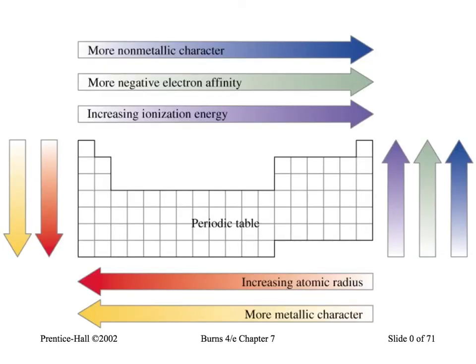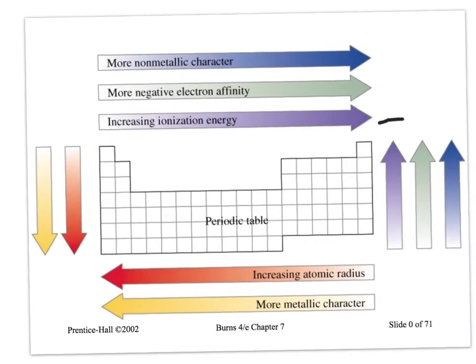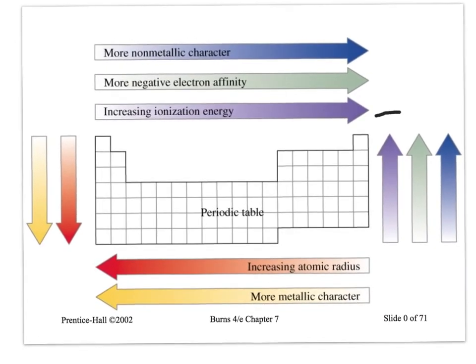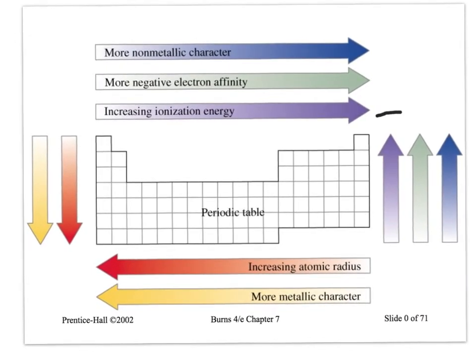Let's see how it works. As you can see here, these red arrows are telling us that the bigger atomic radius is located in the lower part of the periodic table and in the left part.